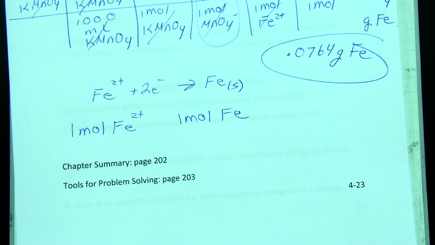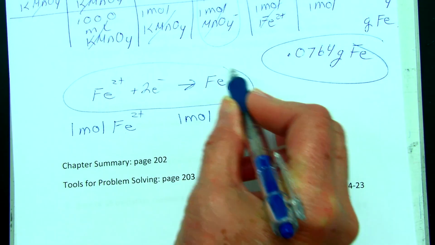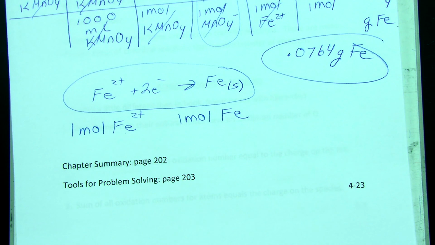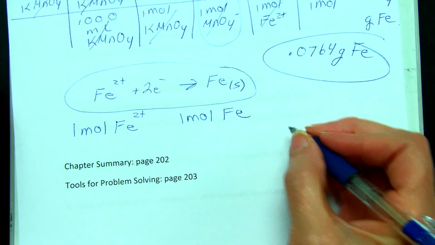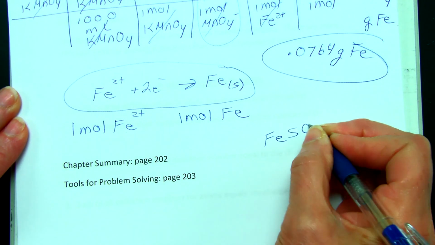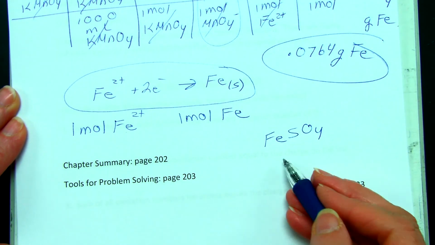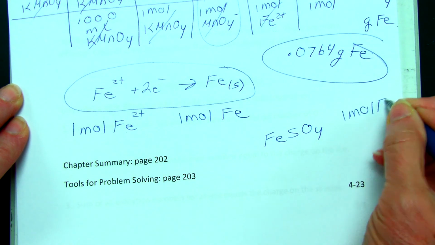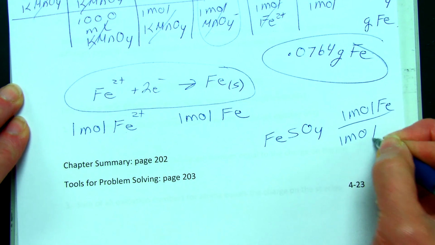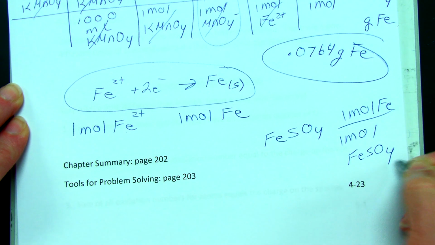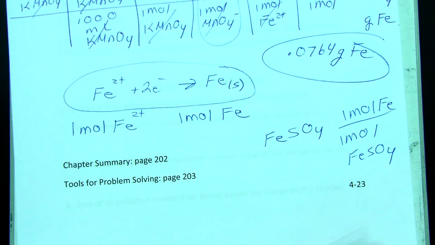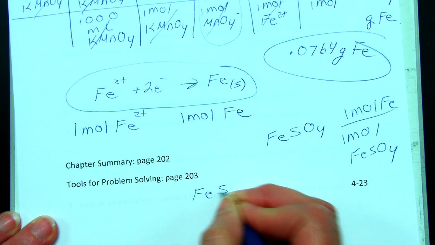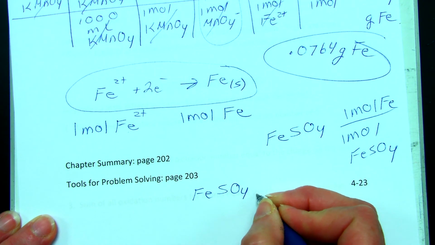But I understand the problem. We actually talk about this in chapter 5, but let me say it this way. What if that iron, it's in iron ore, so it's some kind of salt. If I told you that I had iron sulfate in solution, would you be able to look at that and say there's 1 mole of iron for 1 mole of iron sulfate? Okay, so now if I dissolve the iron sulfate in water, because we've already talked about net ionic equations, right?